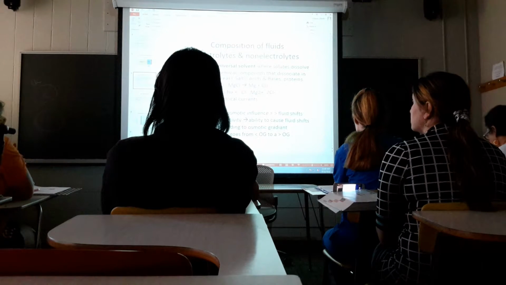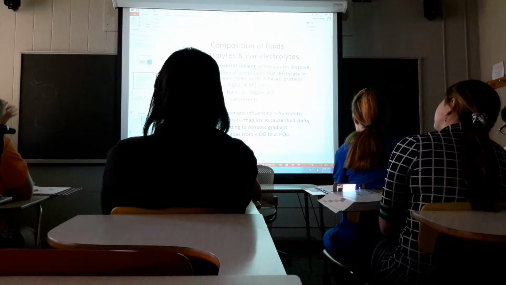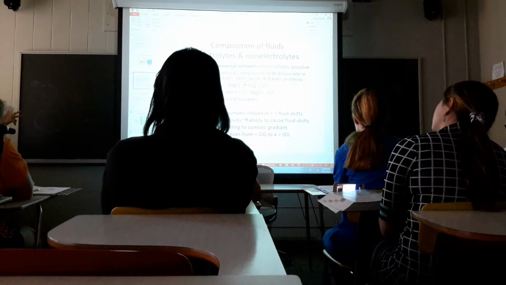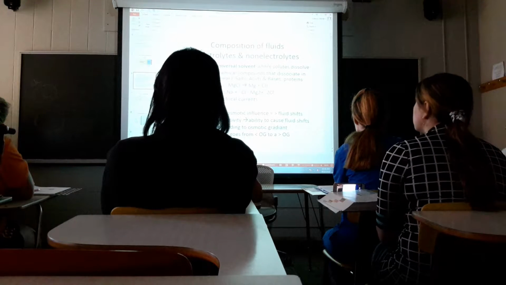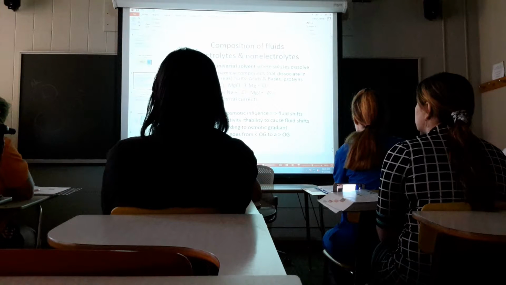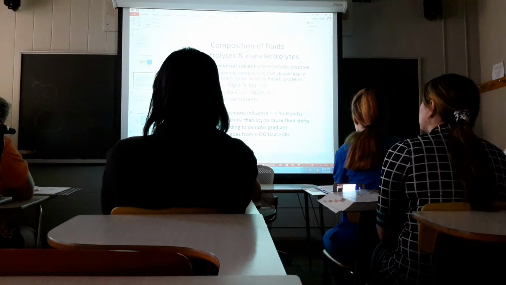Osmotic gradient goes from low to high. So once we start dissociating, everything starts shifting, and water has to keep up with that. Otherwise, we get into swelling or shrinking situations. And because we're selectively permeable, we're automatically talking about osmosis, and we have to maintain those solutions.